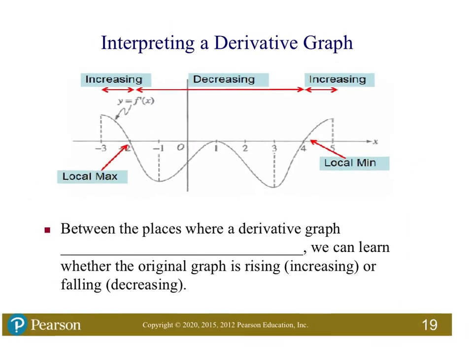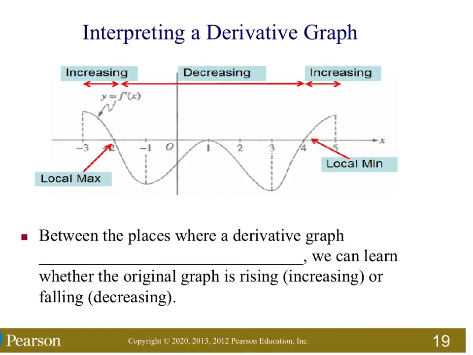All right, so let's take a look at all of these. Now, the first most important points of this derivative. Here is a derivative graph. This is an important point. It's identified as a local max because the values are from plus to minus.